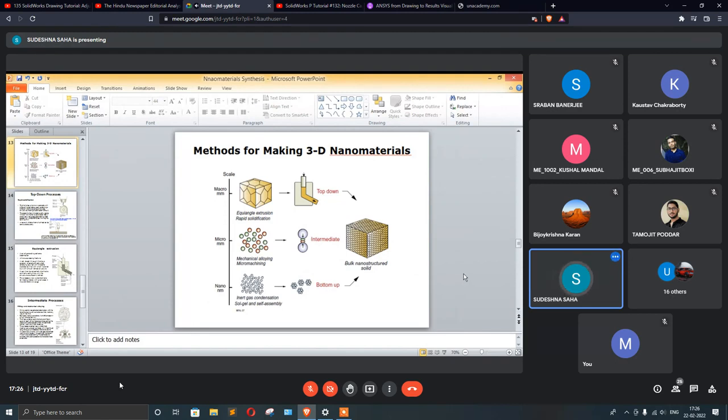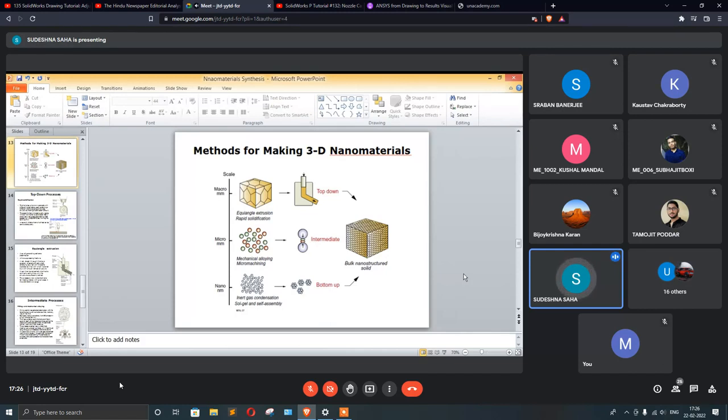Okay, so in the top-down approach, what happens is you do have a macro scale material available to you, with a macro or millimeter kind of structure.